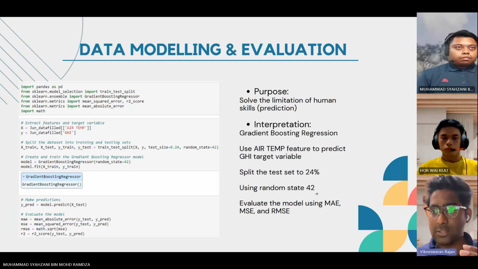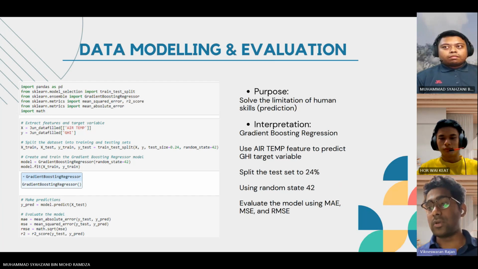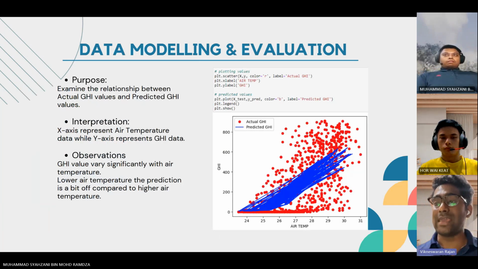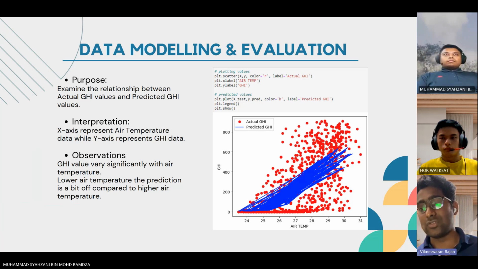The model performance was evaluated using several evaluation metrics, which include mean absolute error, mean squared error, and root mean squared error. As you can see from our scatter plot, we examine the relationship between the actual GHI values and the predicted GHI values using our model.